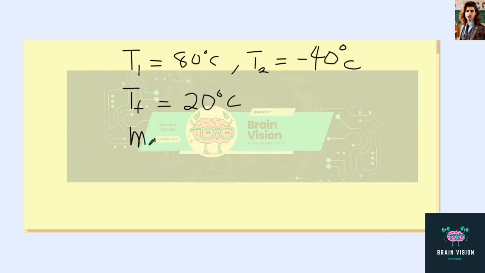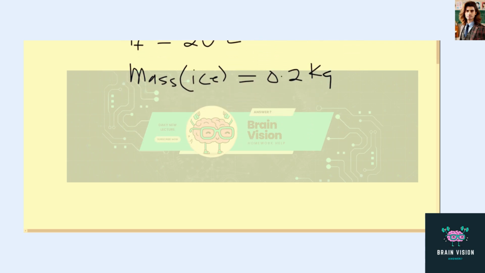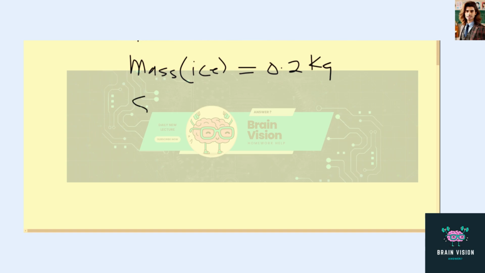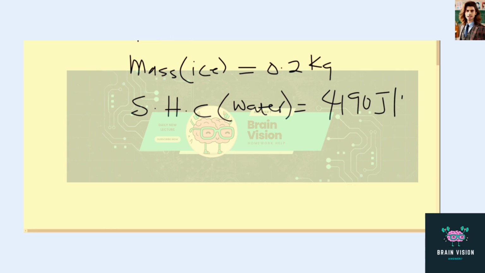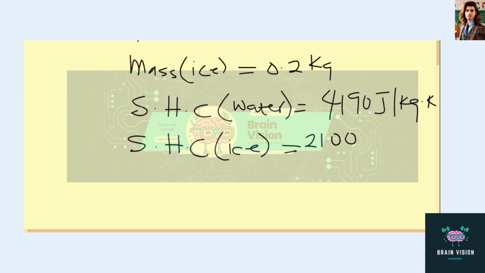Now, the mass of ice is 0.2 kilograms. The specific heat capacity for water is equal to 4190 joules per kilogram per Kelvin, and the heat capacity for ice is equal to 2100 joules per kilogram per Kelvin.